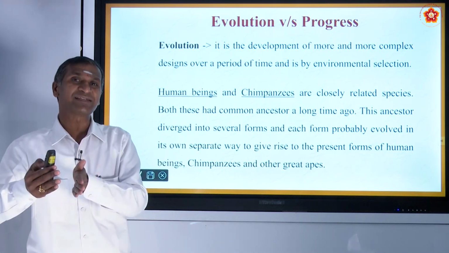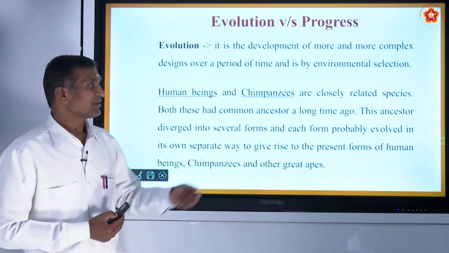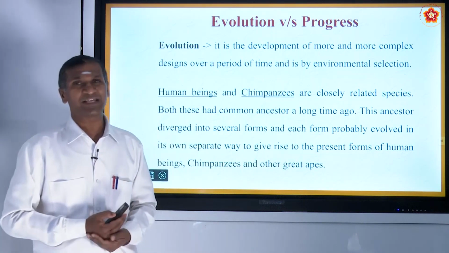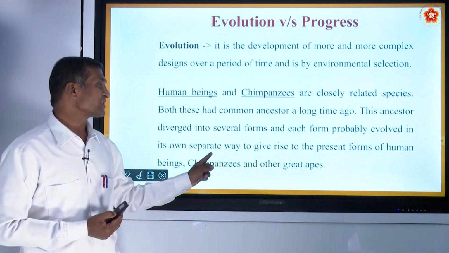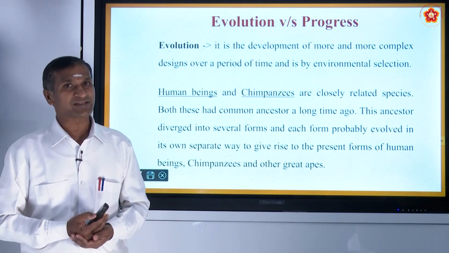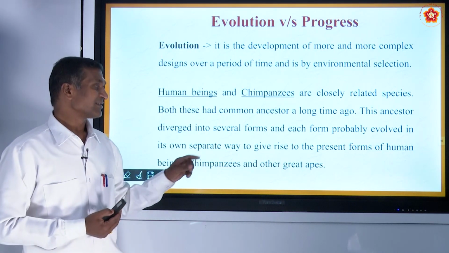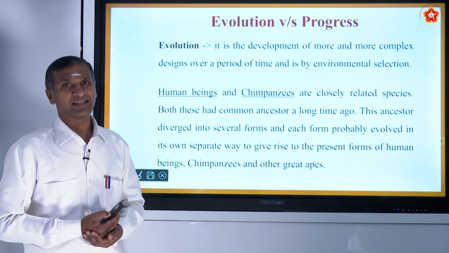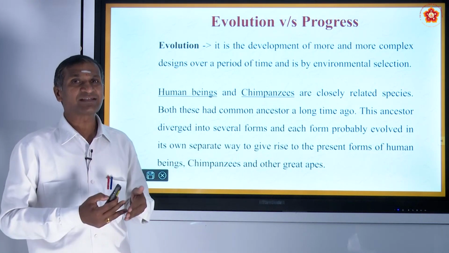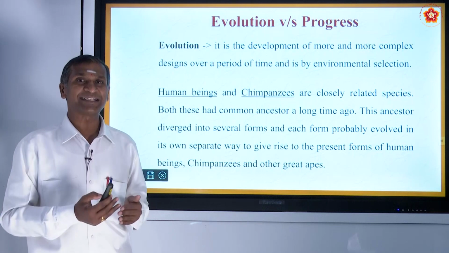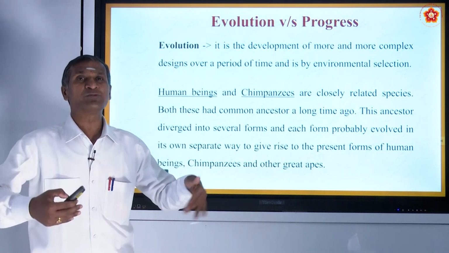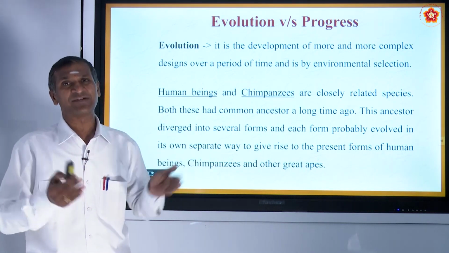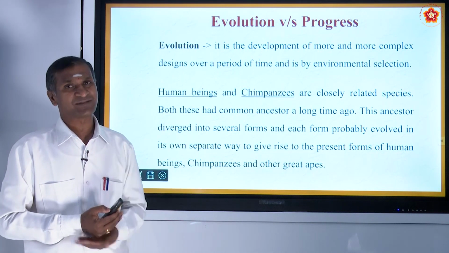This ancestor diverged into several forms, and each form evolved in its own separate way to give rise to the present form of human beings, chimpanzees and other great apes. They may have the common ancestor, but as their population increased, they had certain boundaries, norms, rules and regulations which made them separate from the chimpanzees, the apes.